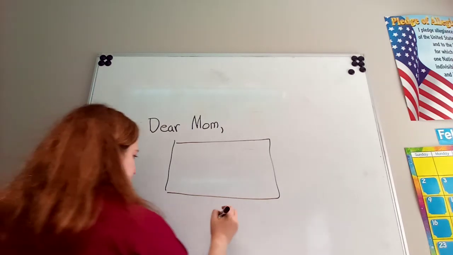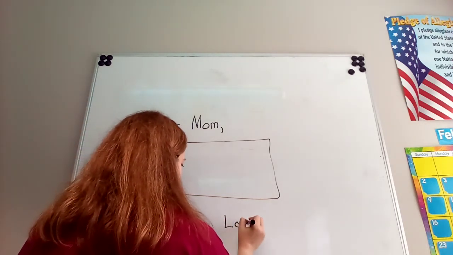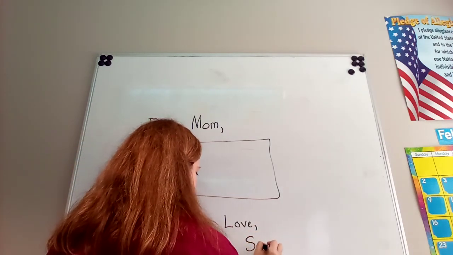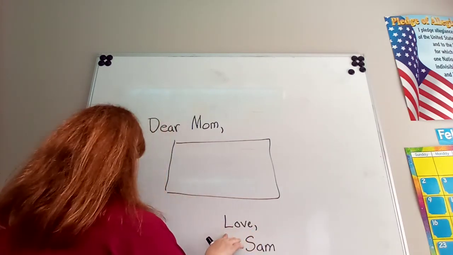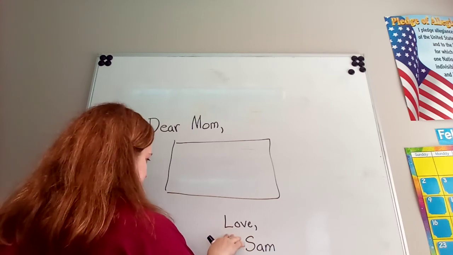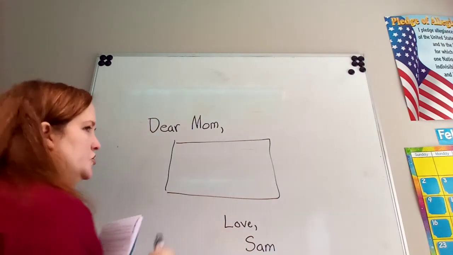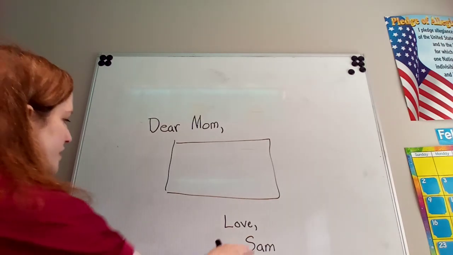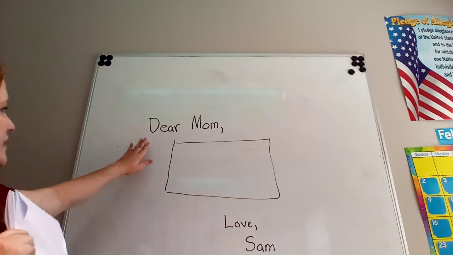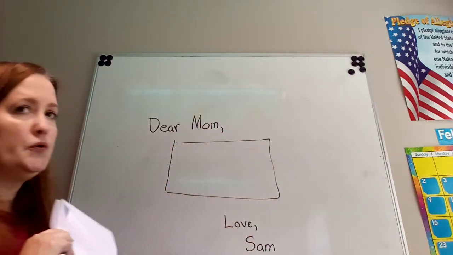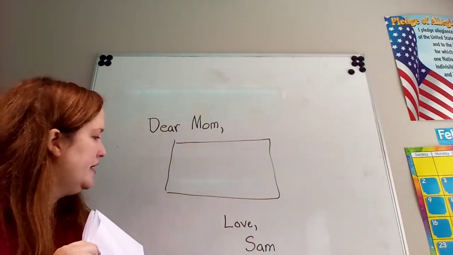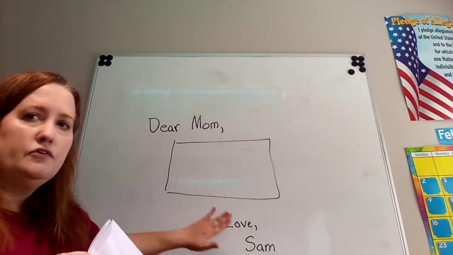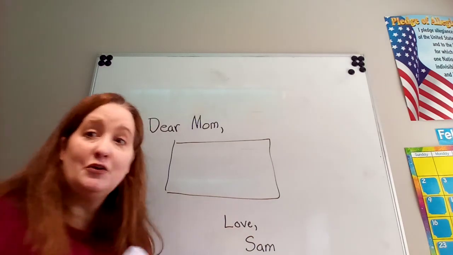Then you would put the ending, whatever you end the letter with, like yours truly or love or sincerely, you put a comma and then your name, like if it's Sam. So at the beginning you write dear mom, comma, or whoever you're writing to, write the body, and then you write an ending, which is love or from, comma, and then you write your name.